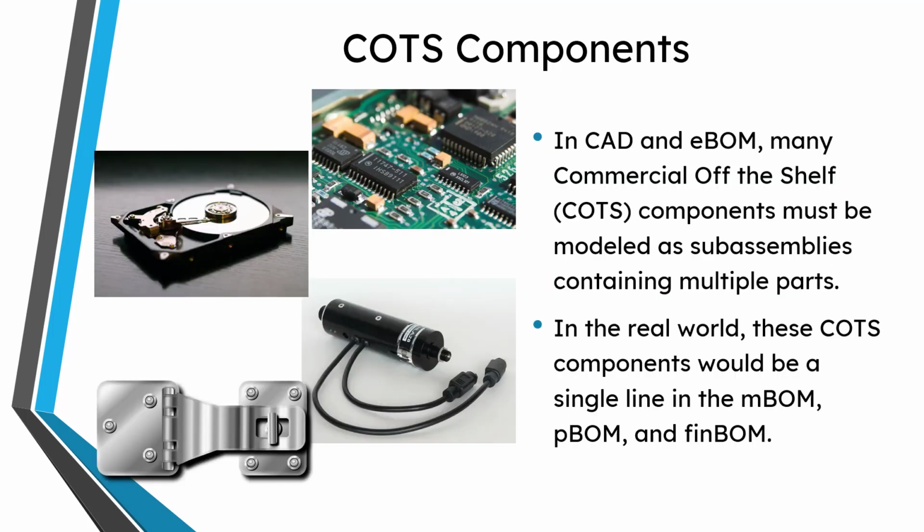Most products contain a lot of commercial off-the-shelf components, and so those are often modeled as sub-assemblies, but in the downstream bill of materials, you also want them reduced down to a single line to reflect the component that is going to be purchased. And be aware, starting in Creo 8, you have inseparable assemblies so that you can have these different COTS components, which are assemblies in CAD, actually just a single object.